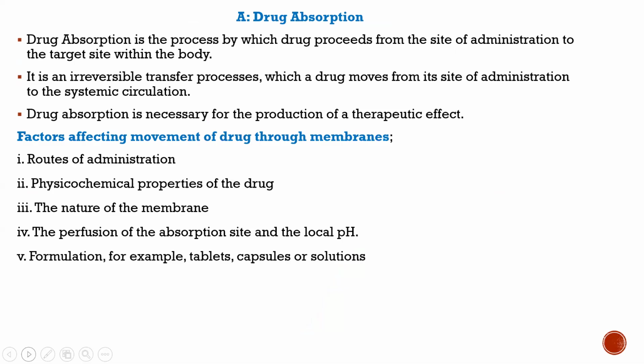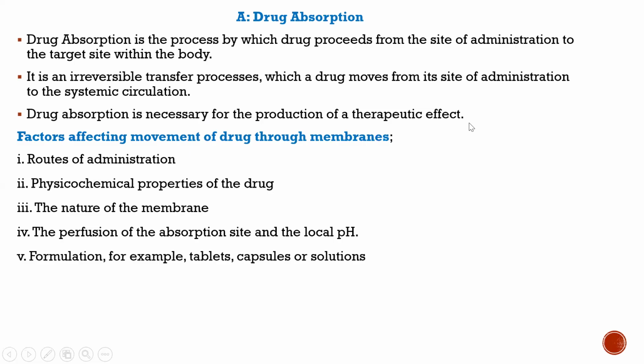Absorption is a process by which a drug proceeds from the site of administration to the target site within the body. So it's an irreversible transfer process by which a drug moves from the site of administration to the systemic circulation. All right, it's necessary for the production of a therapeutic effect.